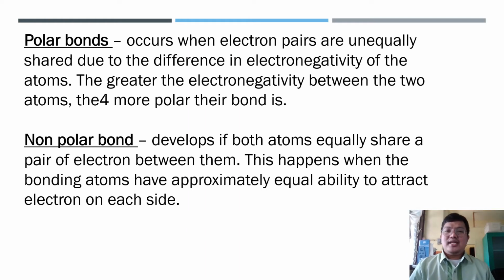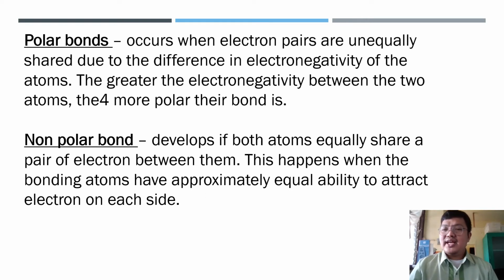Now, moving on with our lesson, it is important that you know the difference between a polar bond and a non-polar bond. A polar bond occurs when electron pairs are unequally shared due to the difference in electronegativity of the atoms. Remember that electronegativity is the ability of an atom to attract another atom. So, when there is unequal sharing of electrons, then polar bonds happen.